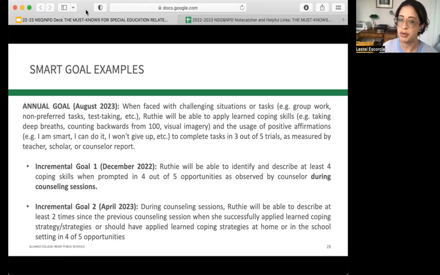Okay, so hopefully, when you reflect, it might be a lot to take in right now, but it makes sense how you're increasing the level of challenge, taking those incremental steps to get the student to be able to achieve the most challenging iteration of the goal, which is the annual goal.